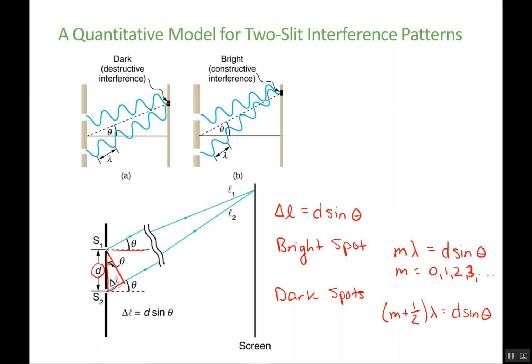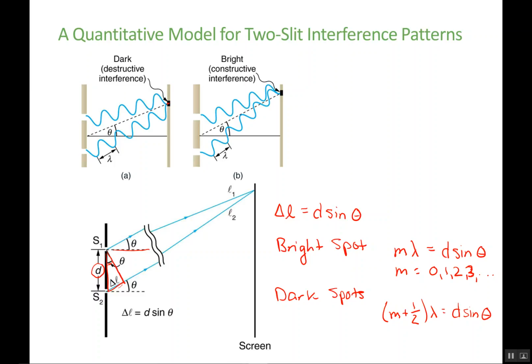Now I should point out that the first order, the m equals 1 bright spot and the m equals 1 dark spot, occurs on both sides of the central maximum. And your textbook represents this by saying that m can equal both positive and negative 1, positive and negative 2, etc. But I find that confusing.